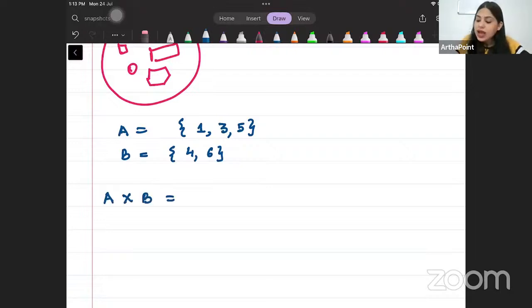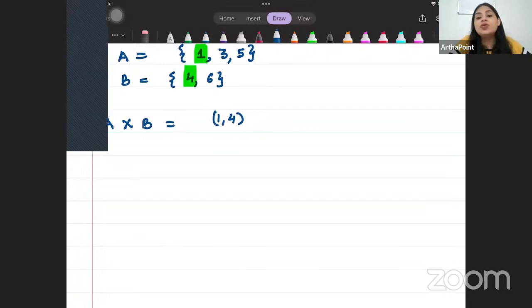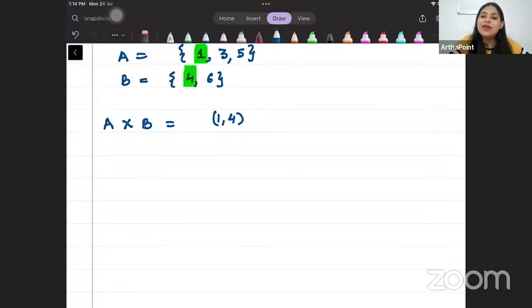And how will I write it? I will take the first element of A and map it to the first element of B. So I will get 1, 4, right? Then I will take the first element of A and map it to the second element of B, and so on and so forth.